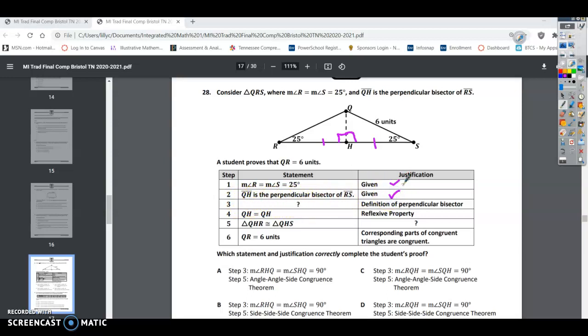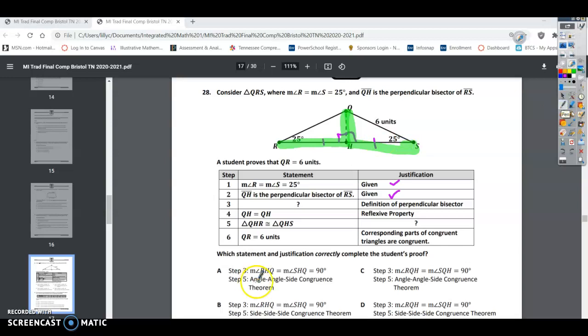That is also given. And the next thing says definition of perpendicular bisector. So what does perpendicular bisector mean? It means it cuts these into two equal halves, and it means it creates 90-degree angles here. So this angle here is 90, and this angle here is 90.